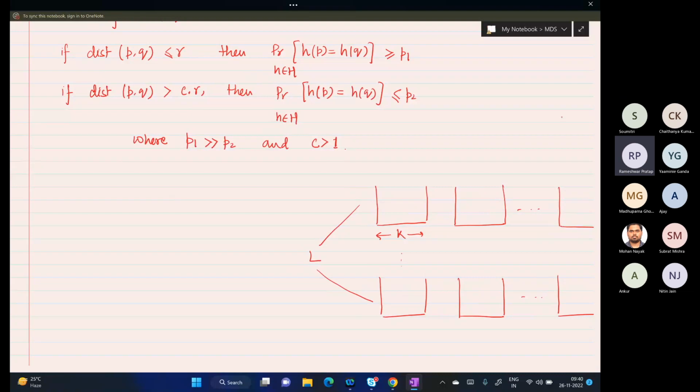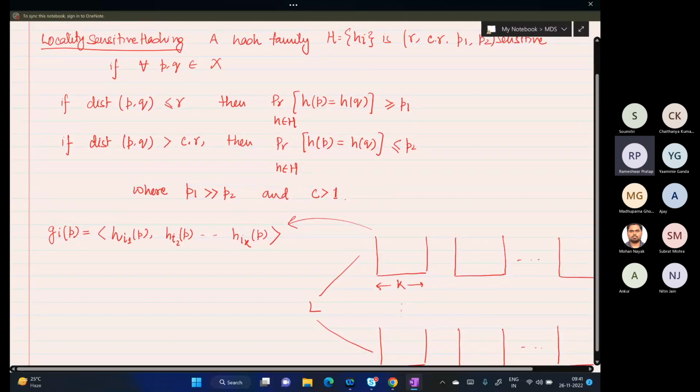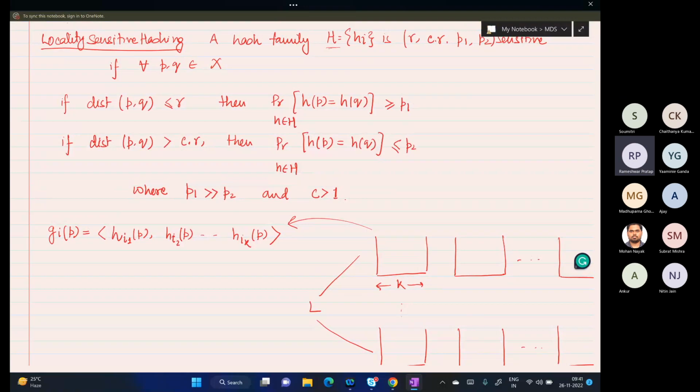So this bucket ID, we call it g_i of P, suppose, and it is h_i1(P), h_i2(P), up to h_ik(P), and so on. Basically, we sample k hash functions from this hash family and concatenate the corresponding values, right?